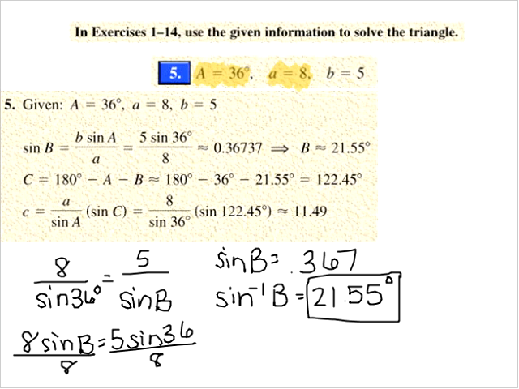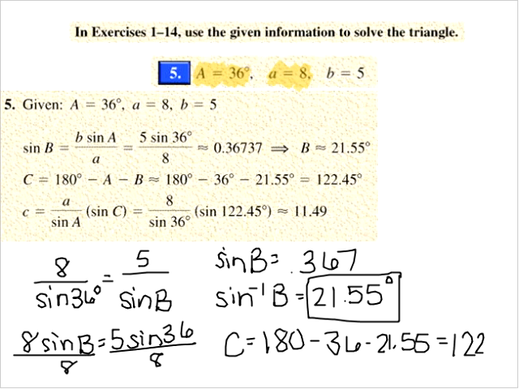Now to find angle C, you're going to have to use your triangle sum theorem, and that is subtracting each angle A and angle B from 180. So to find angle C, you have to do 180 minus 36 minus 21.55. And that gives me my 122.45.